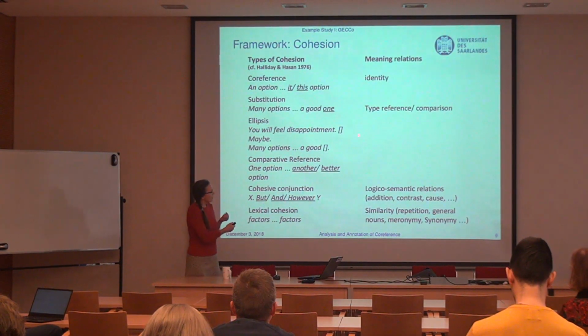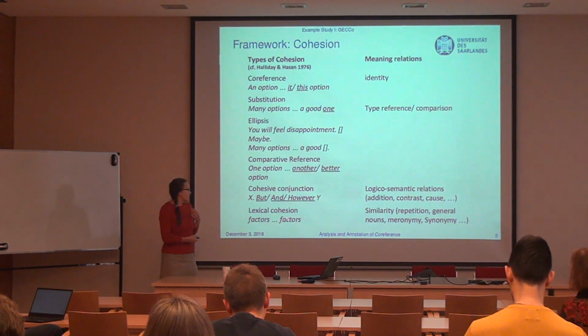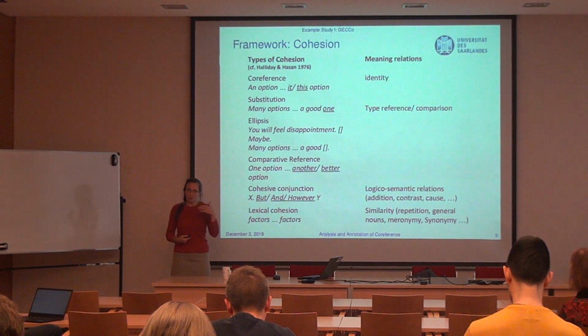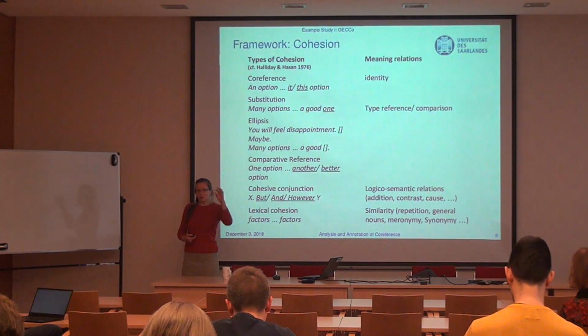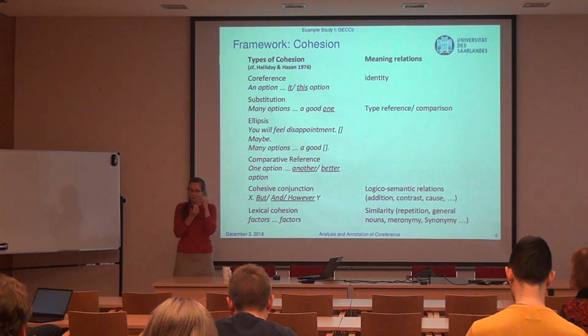For example, we have similarity relation in case of lexical cohesion, and sometimes something like factors are included into some coreference frameworks as well, because they are also identities. But having a text, it might also have factors which do not refer to the same identity.